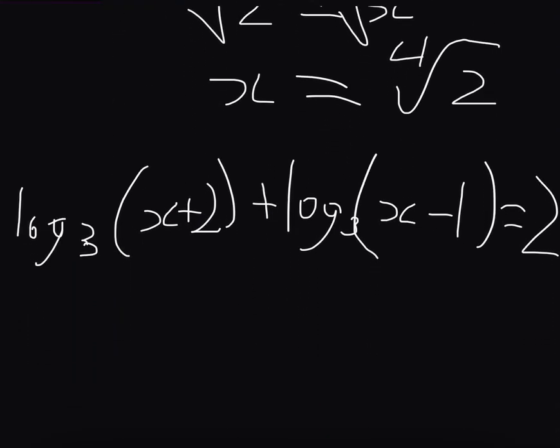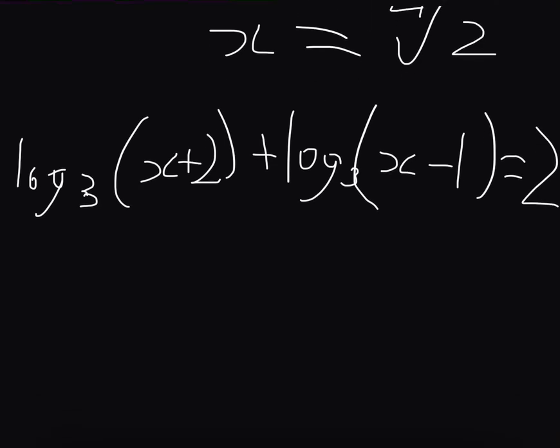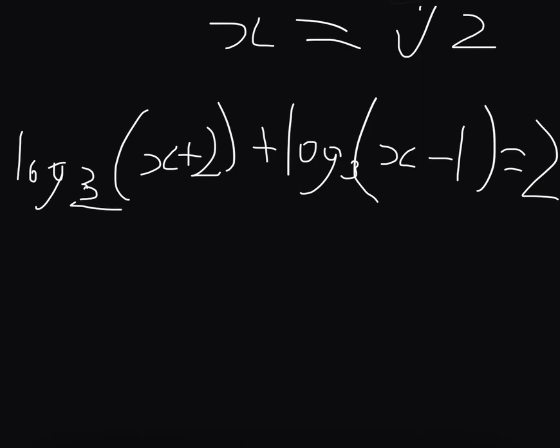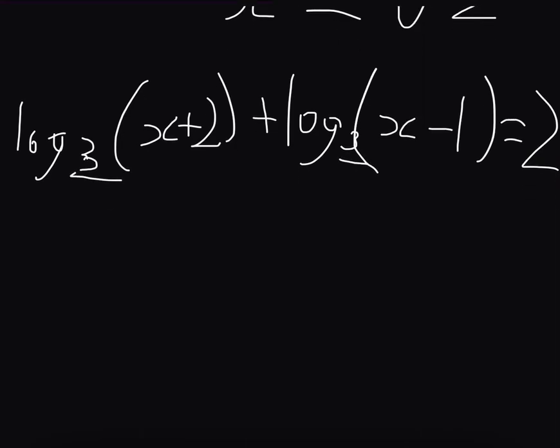Now let's look at a harder question. Log base 3 of (x plus 2) plus log base 3 of (x minus 1) equals 2. Now first, we would bring all the logs over to the same side, but in this question, that's already done for us. And now we can see that both of them have the same base, which means we can just put them together.